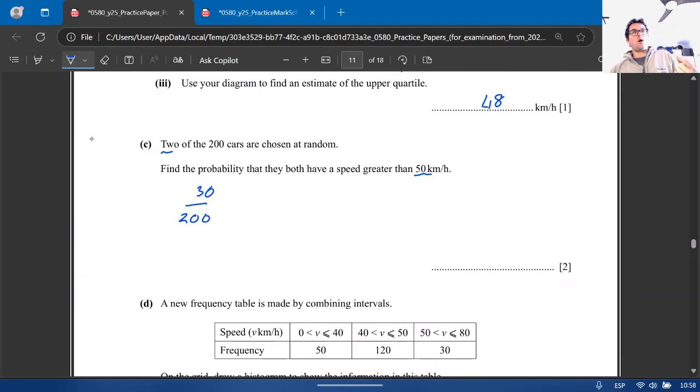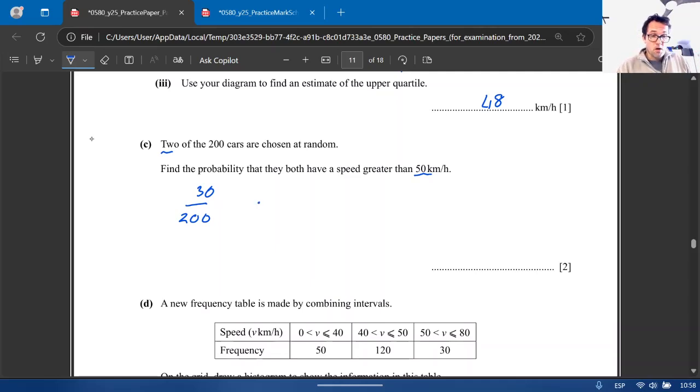Okay, we've picked a car. There's 200 cars standing on the parking lot. We parked them all after they've driven past the building. Pick one at random. Probability of it being drove faster than 50 kilometers per hour is 30 out of 200. But we have picked this car now already. Now we need to pick another one.